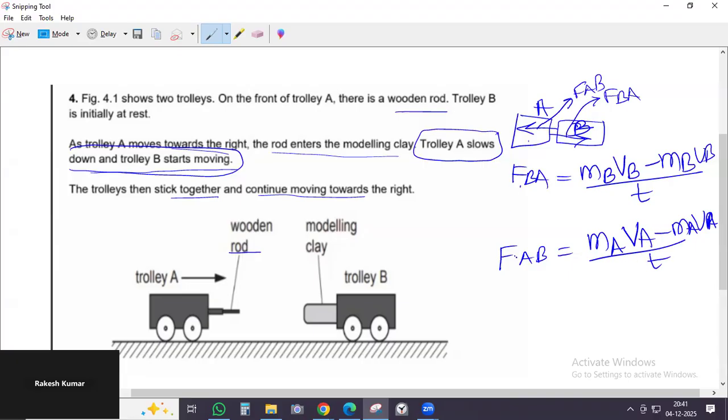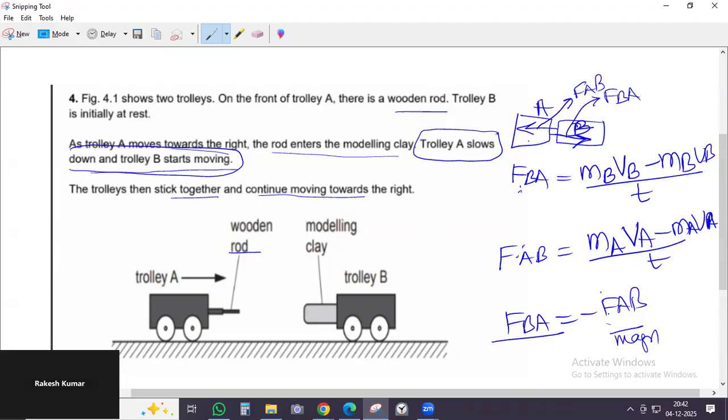Now these two forces are equal and opposite, by Newton's laws. So FB is equal to minus FAB, because the magnitudes are the same, action and reaction, in opposite directions.